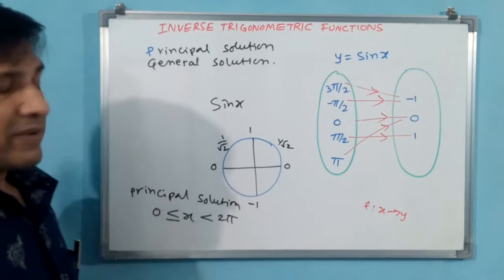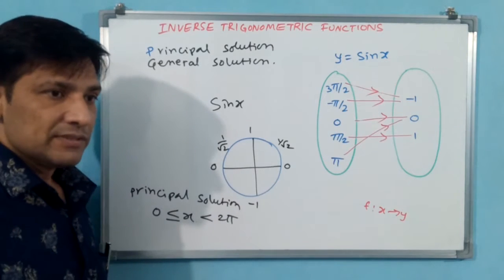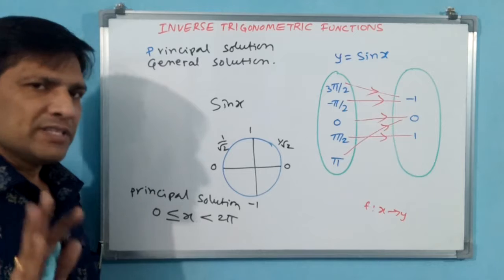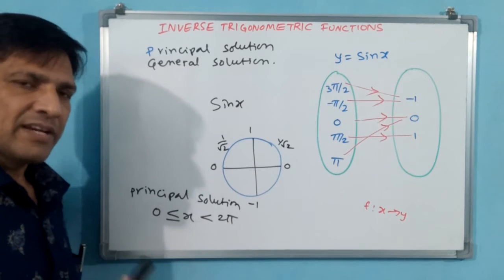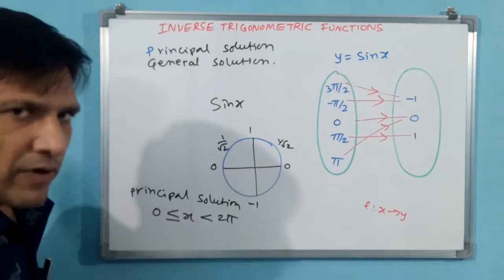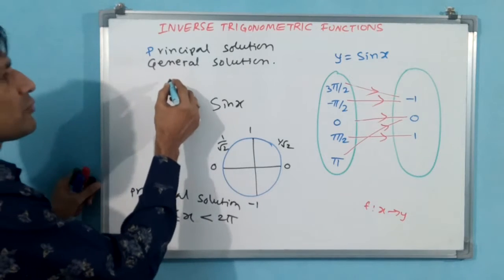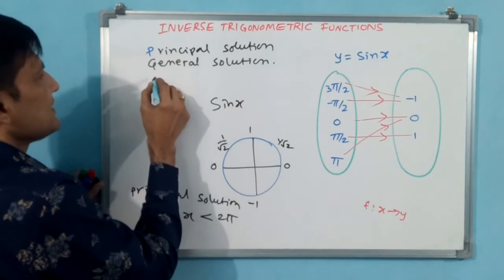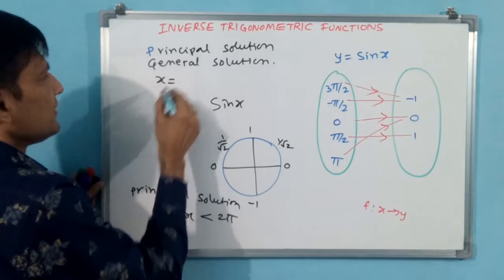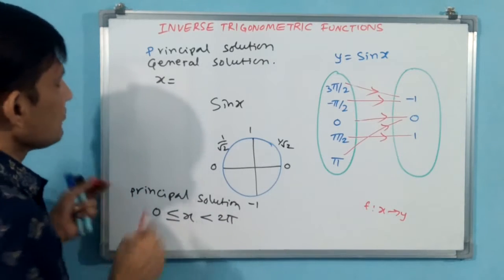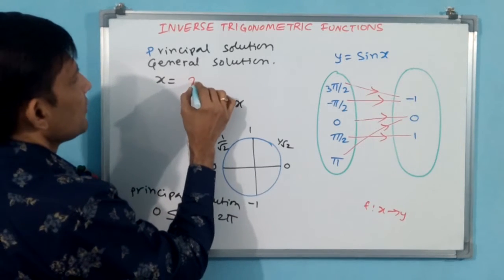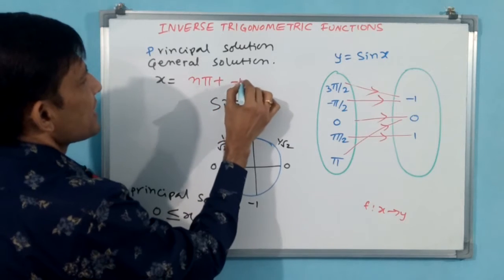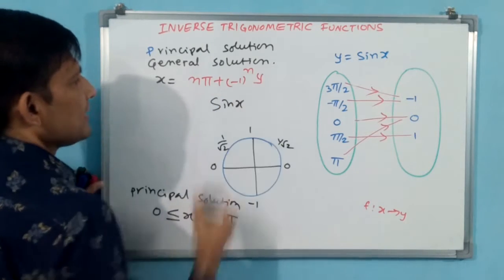But for the general solution, for sine, cos, tan, only these three have general solutions, with different formulas available. What is the general solution formula for sin x? x is equal to n pi plus minus 1 whole power n y.